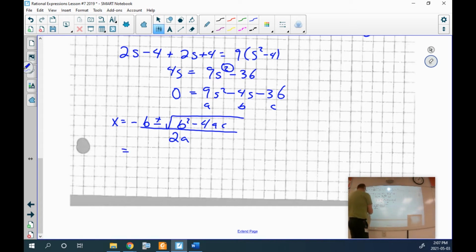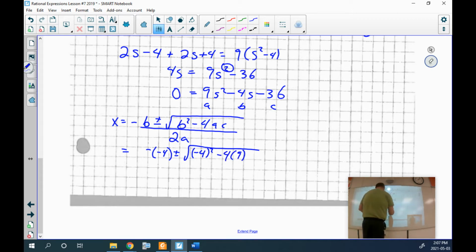So we have minus negative 4 plus or minus the square root of negative 4 squared minus 4 times 9 times minus 36, all over 2 times 9.